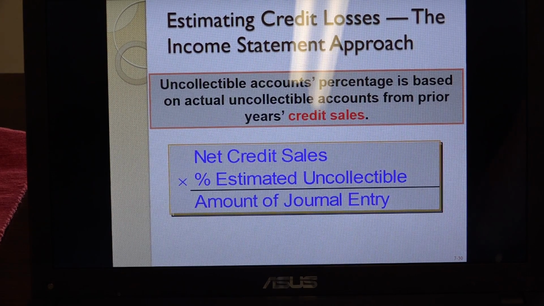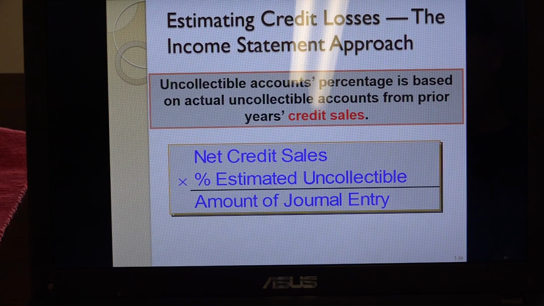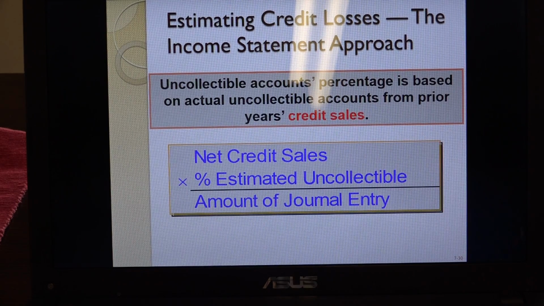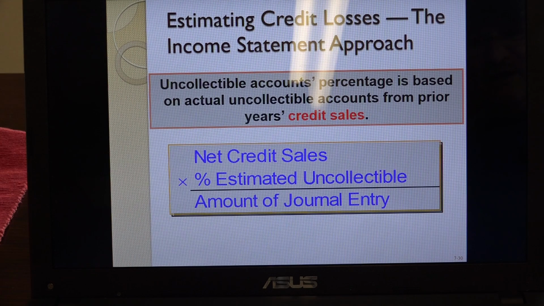Compare that approach, the balance sheet approach, with the income statement approach, which simply takes net credit sales and management estimate of what percentage of those net credit sales will be uncollectible, and then bases their journal entry on that calculation. Is it a lot easier than the balance sheet approach?